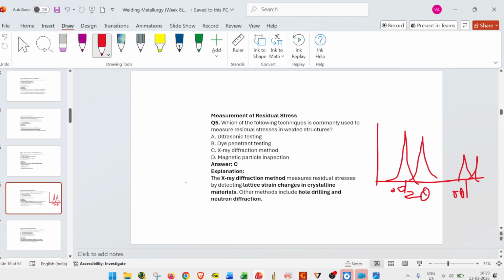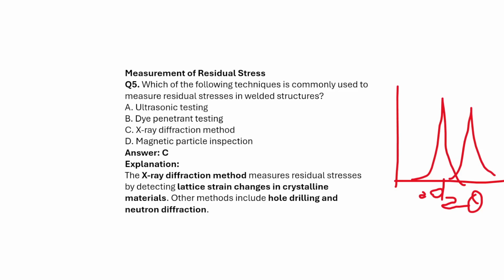Based on that, we can find out how much residual stress is there. So the X-ray diffraction method measures residual stresses by detecting lattice strain changes in the crystal material. Other methods include hole drilling and neutron diffraction.